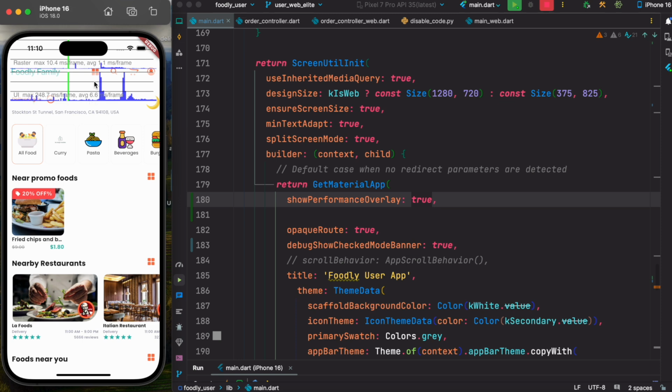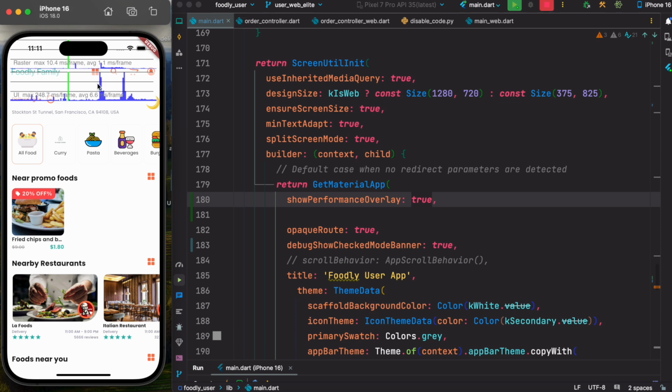Now let's look at this graph. It looks like a little graph over here. And what does this graph mean? In the graph, you have these blue lines. The blue lines mean, at a certain time during loading, how long it took to build that widget tree.